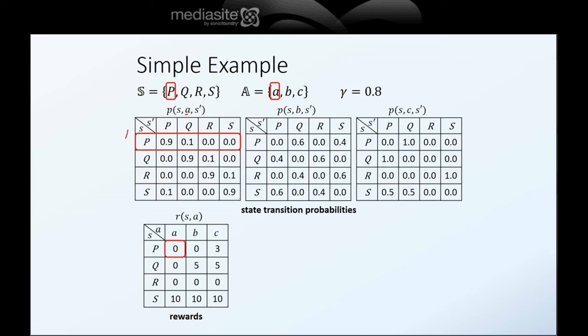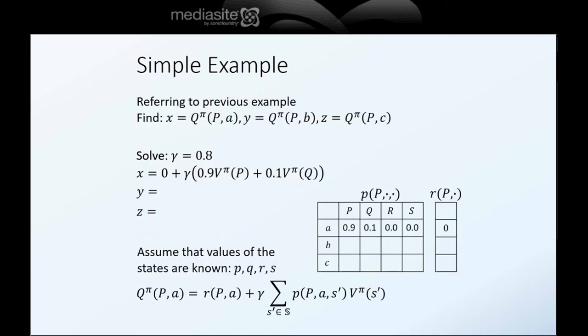And the reward from state P when taking action A is 0. So we record this. So using Bellman's equation, X, which is Q pi of P, A, is given by R of P, A, which is the 0 here, plus gamma times 0.9 times value of P plus 0.1 times value of Q.